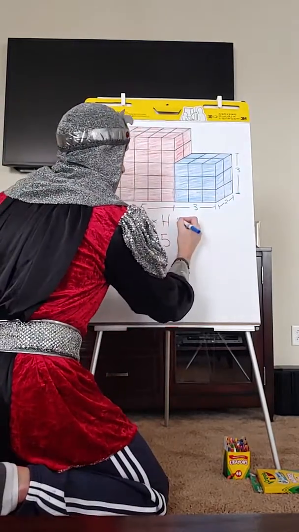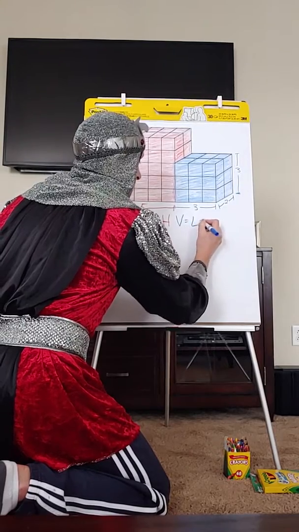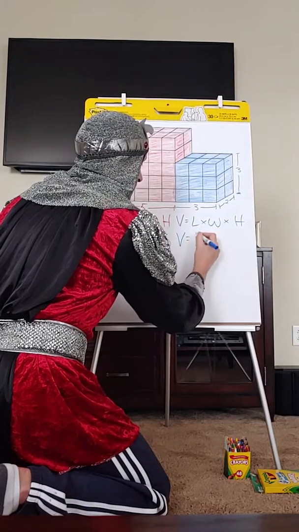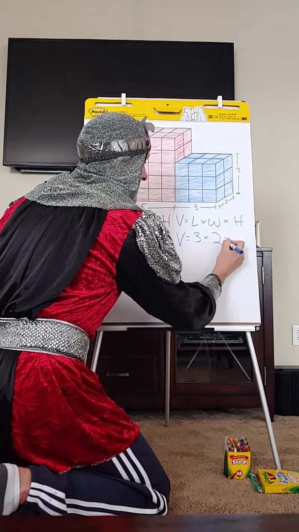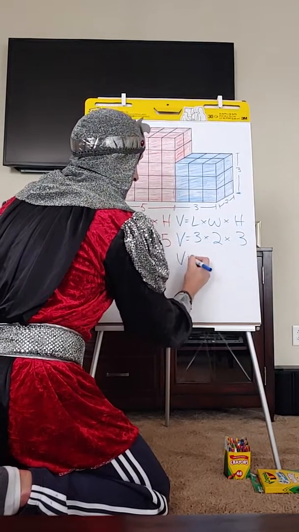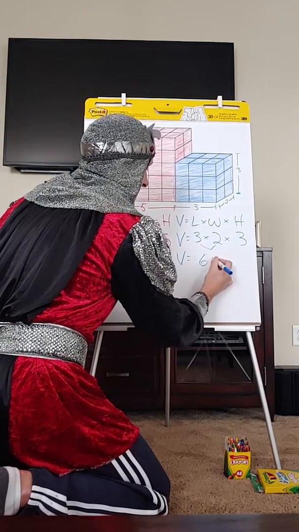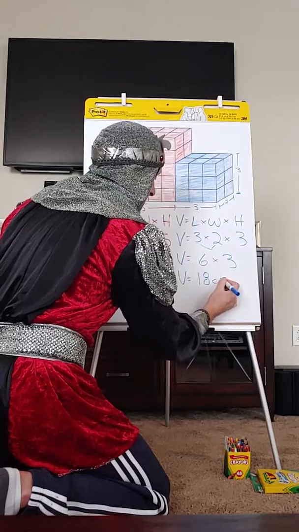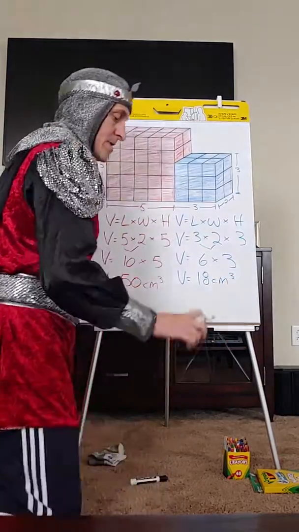So, in my separate color, very easy to see, volume is length times width times height. Volume is 3 times 2 times 3. Volume equals 6 times 3. Volume equals 18 centimeters cubed.